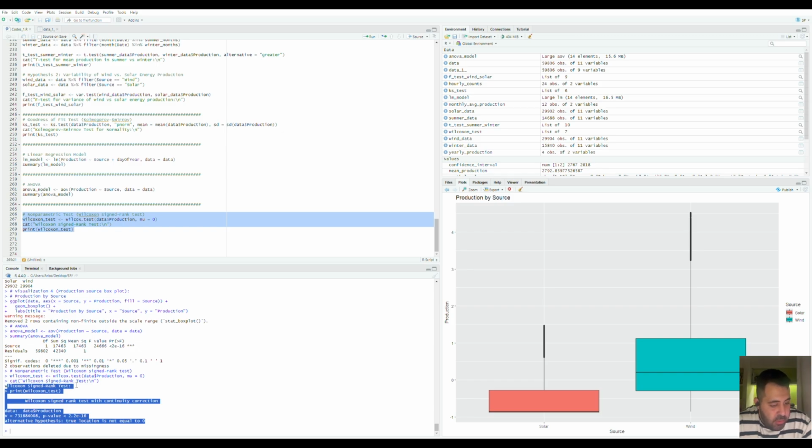It's a non-parametric test that is used to compare two related samples, or to test whether the median of a single sample is different from a hypothesized value. So let's break down the output.